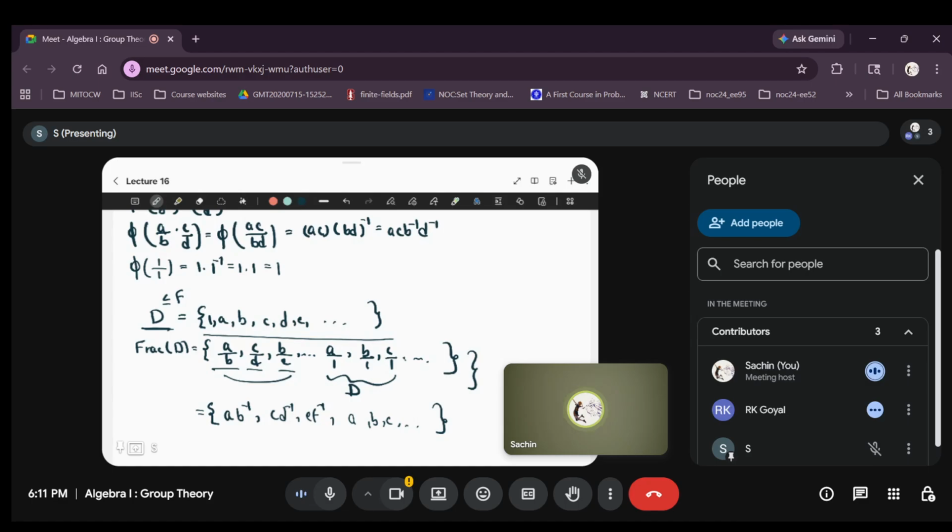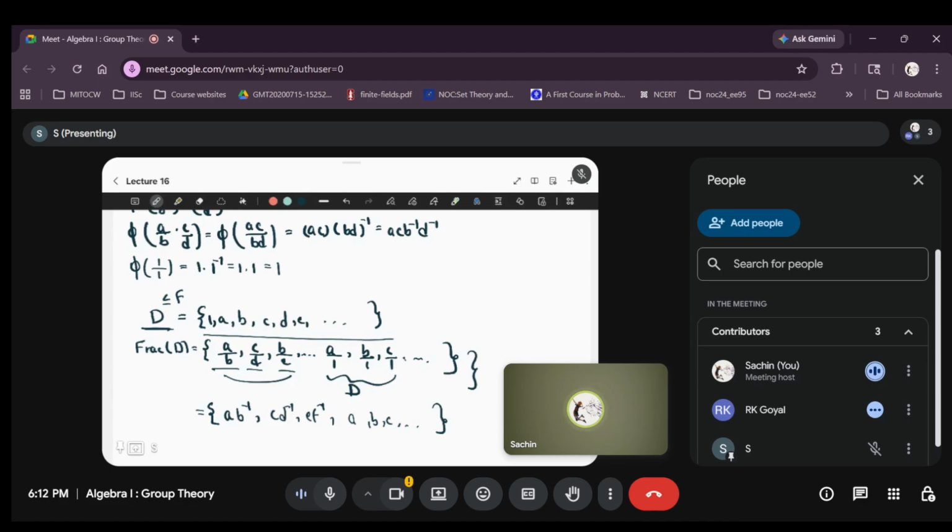It's not that AB inverse won't belong to D. You are taking the bigger set containing all the elements of the form AB inverse. Yes. All the elements of D would belong to that set because you can always take A into 1 inverse, because it's a subring, right?